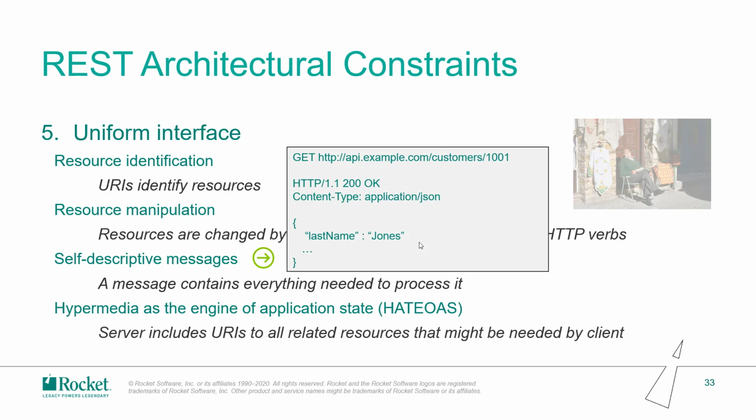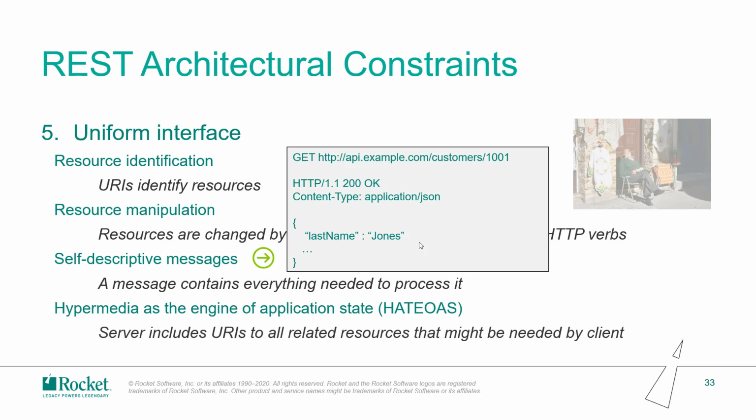Self-descriptive messages is another important aspect of the uniform interface. What it really means is that a message that's passed between the server and the client and vice versa has everything contained within it that the counterpart needs to be able to process it. So, for example, let's take this example that we see here. Here, the client is issuing a request to the customers endpoint looking for customer number 1001, and the server responds with a JSON payload.